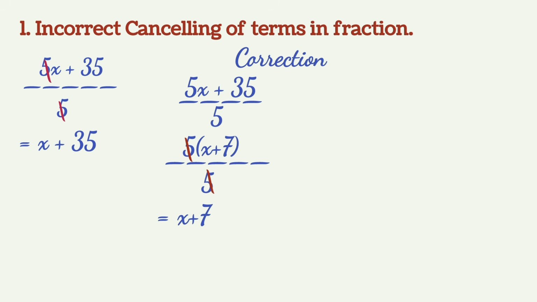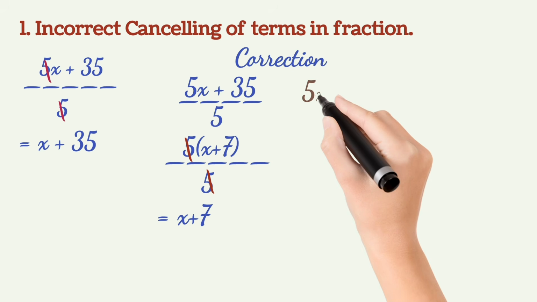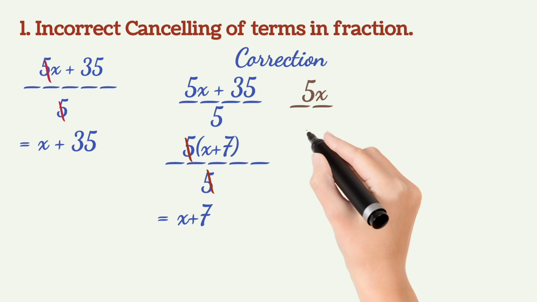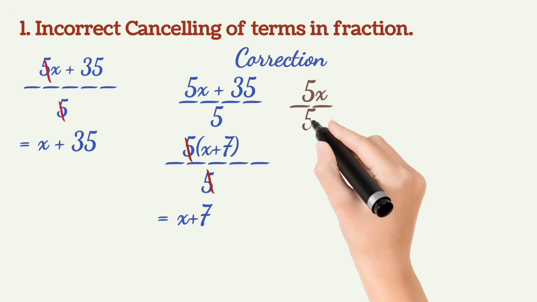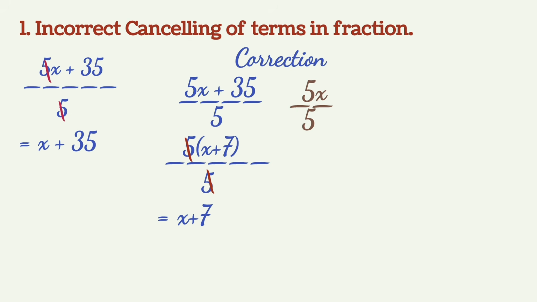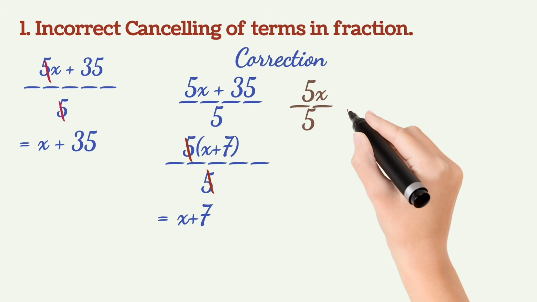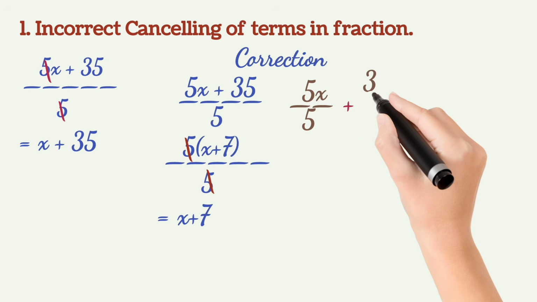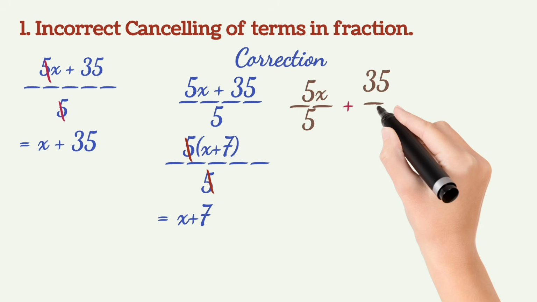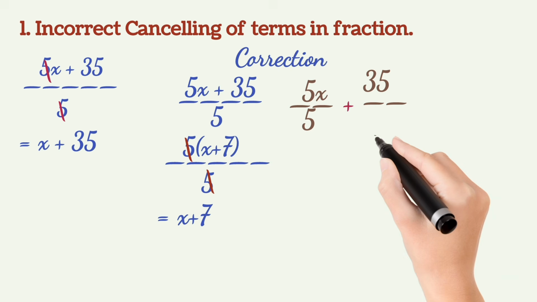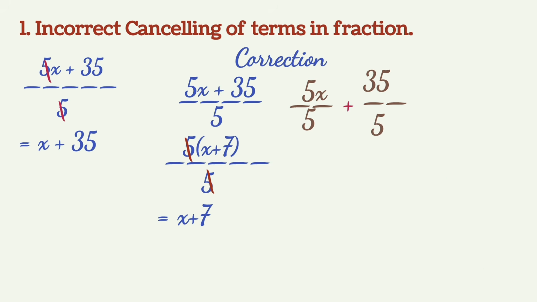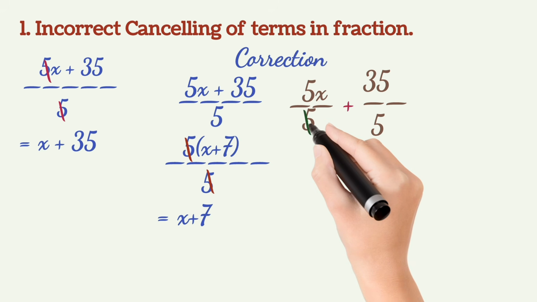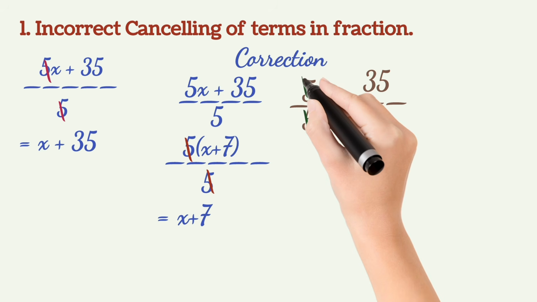Now second method. We will separate this into two parts: 5x by 5 plus 35 by 5. If there is a plus or minus in the middle, we can separate this way. Now 5x by 5, we can cut these two 5 simply.